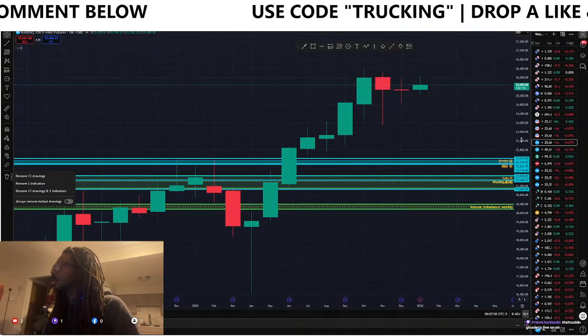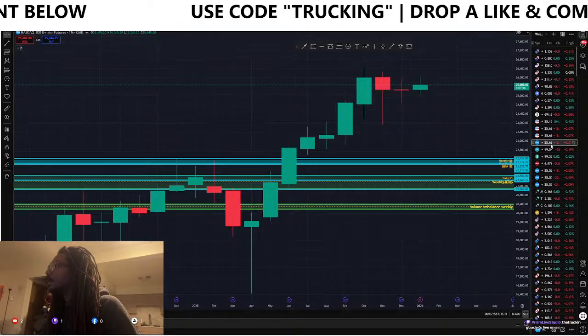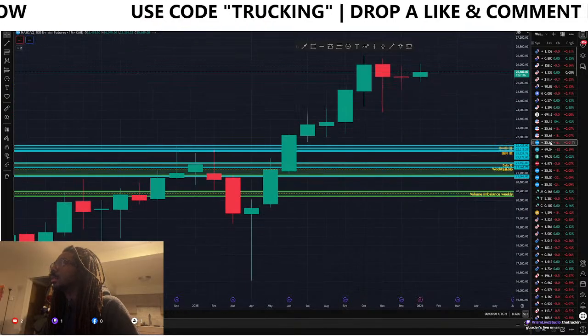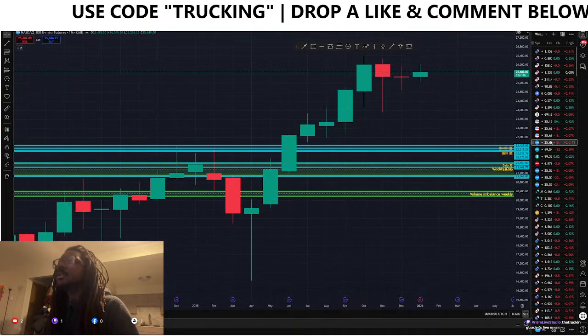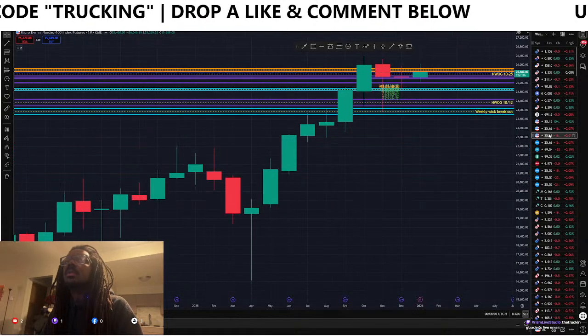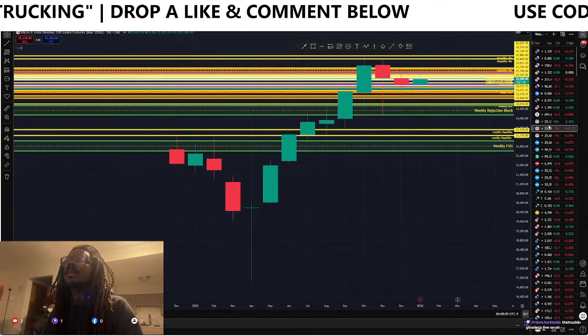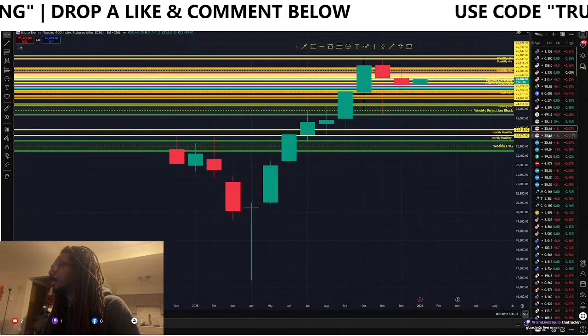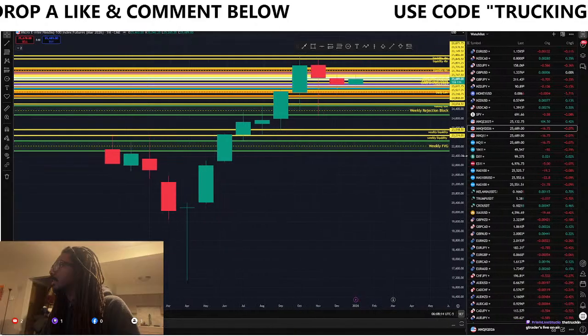Before I delete this, let me make sure it's not the chart that I'm actually using. It's not the right chart, it's not the right information. So let me make sure I grab the chart that's giving us the right information.